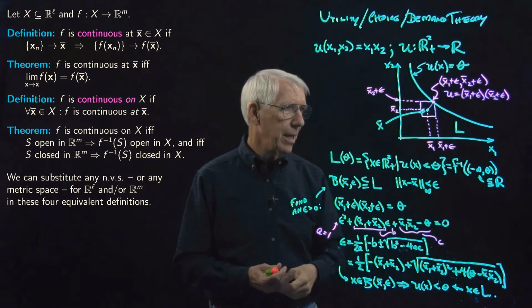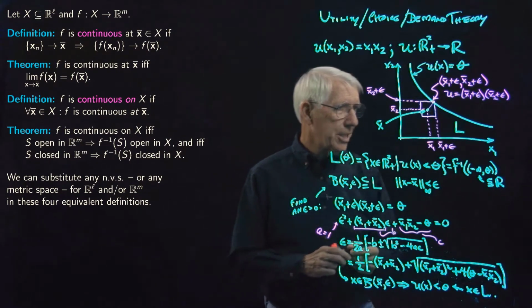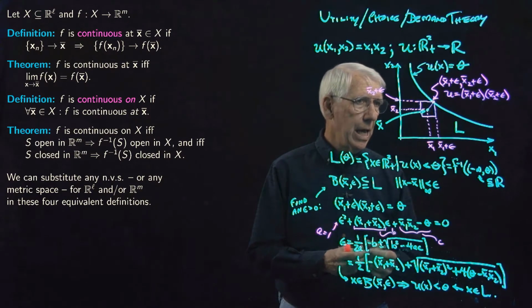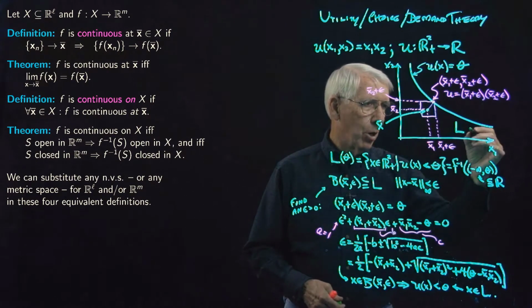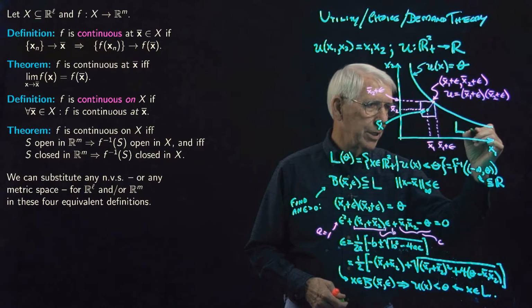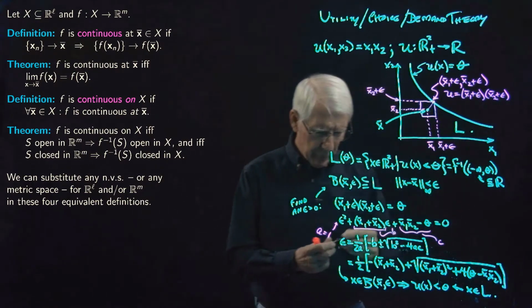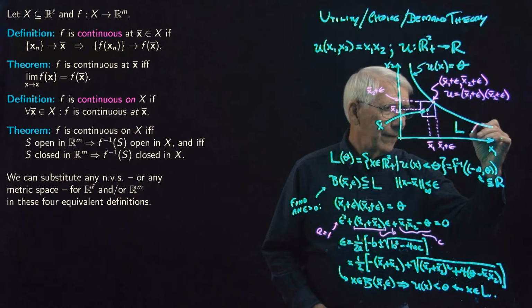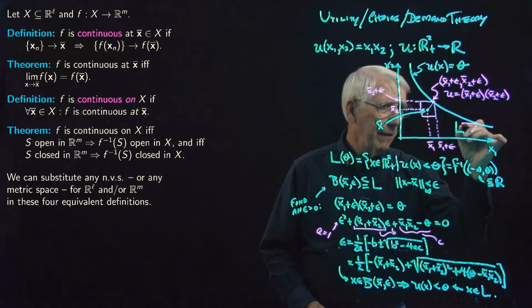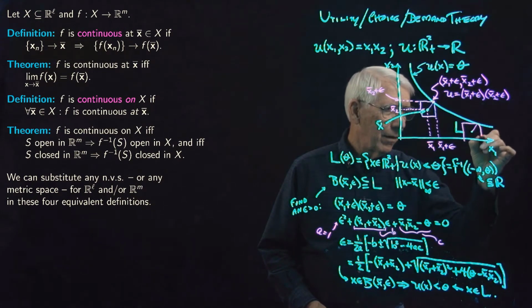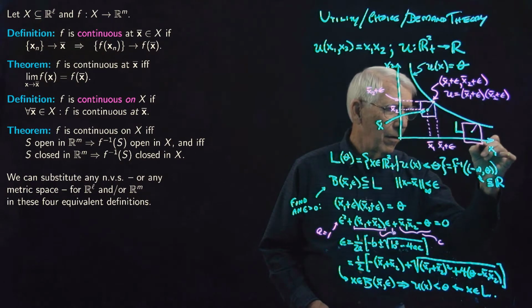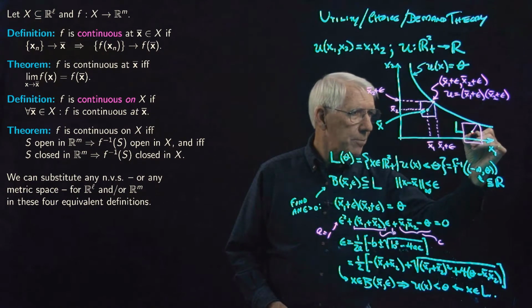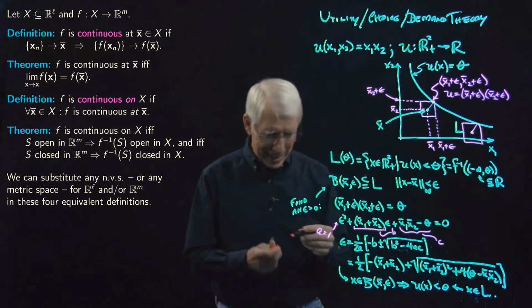Suppose instead that I had chosen an x bar that was down here. Then when I drew this epsilon square, it would include, let's put it down there, okay.